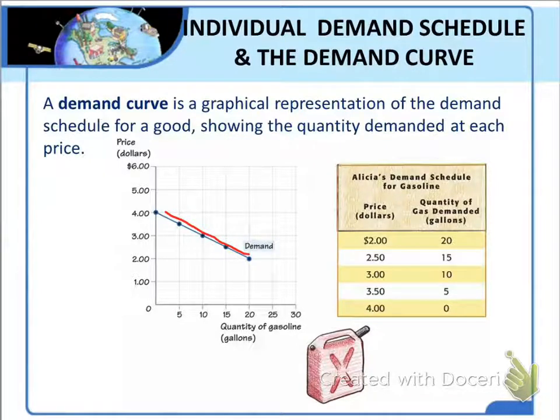Notice that the curve itself does not change position. All that changes when the price changes is the point on the curve that indicates the quantity Alicia purchases at the current price. When the price changes, we move along the demand curve. This is the law of demand in action.